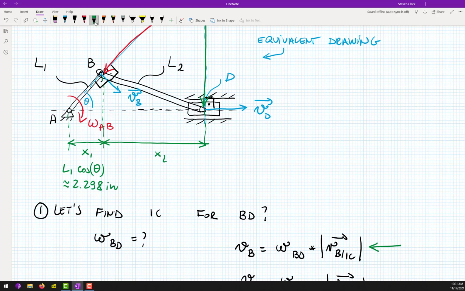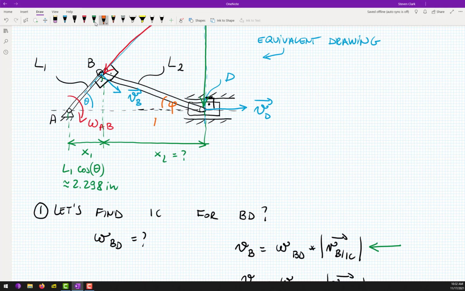Now let's focus on x2. On Friday, we found this angle. I don't know how that letter is called in Greek. Is it psi? Let's call it psi for the purpose of this discussion.